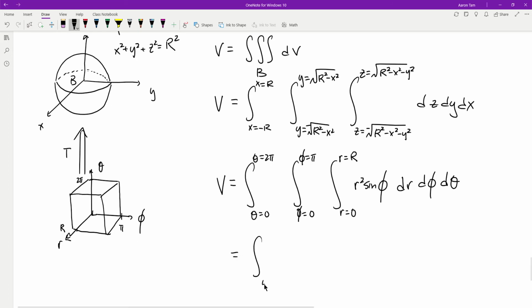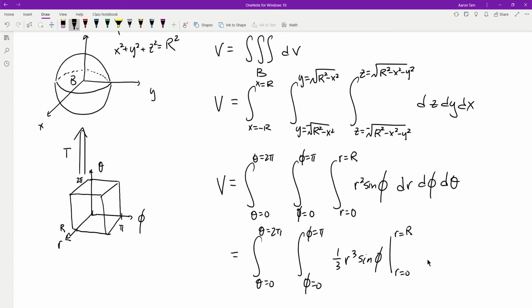So that will be the integral of theta from 0 to 2 pi, because I'm not dealing with this, and the integral of phi from 0 to pi, I'm not doing that either. The integral of r squared sine phi dr is going to be 1/3 r to the third sine phi, evaluated from r equals 0 to r equals capital R, d phi d theta.